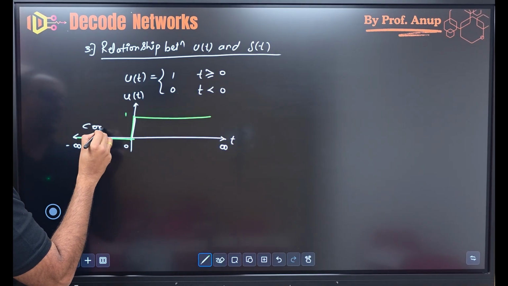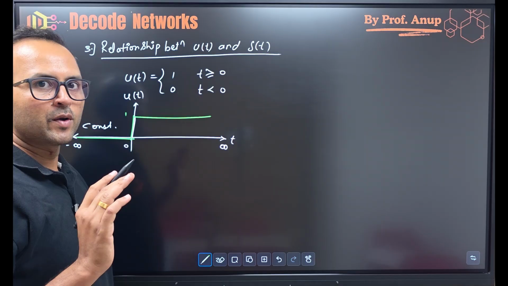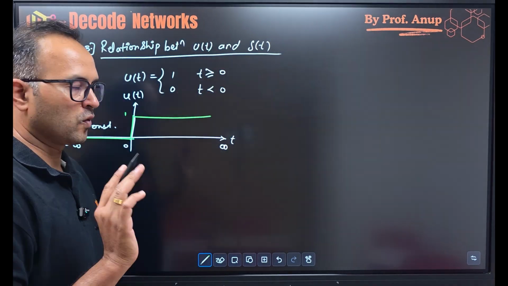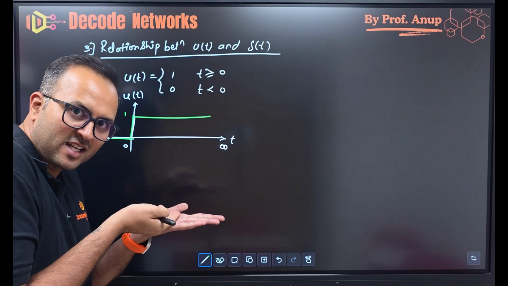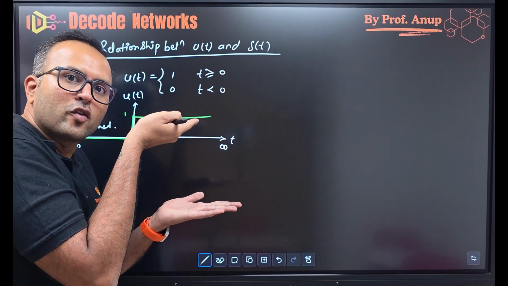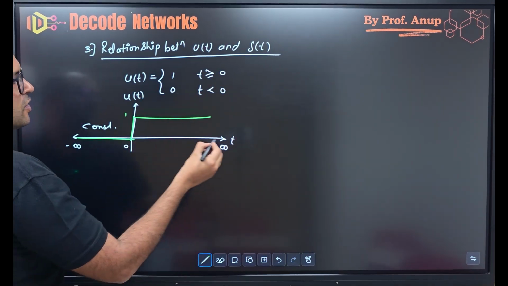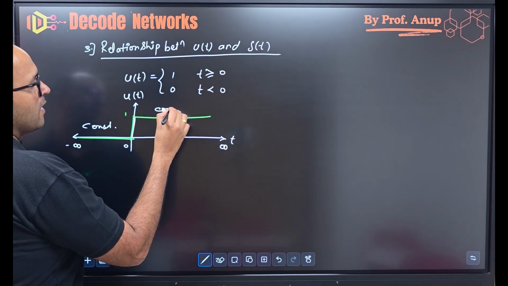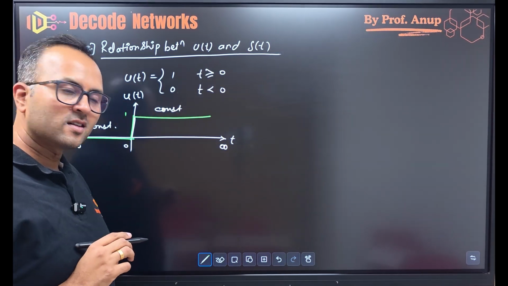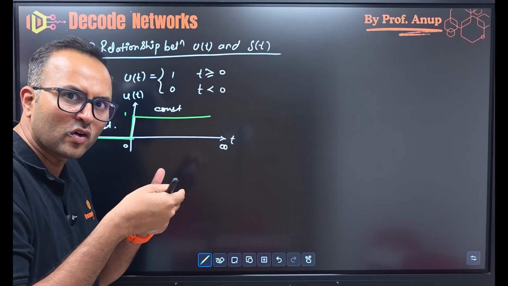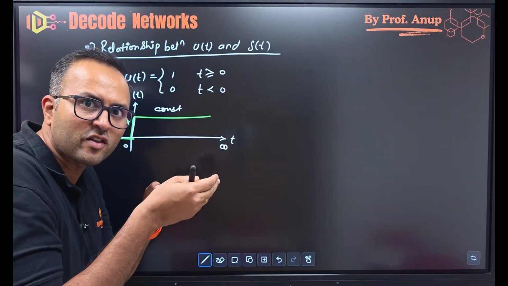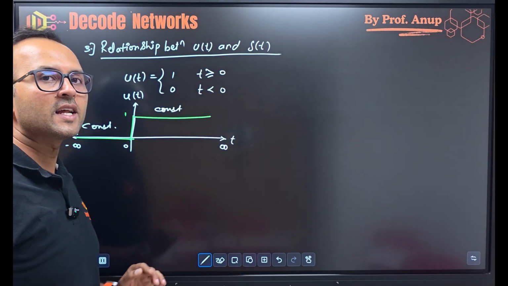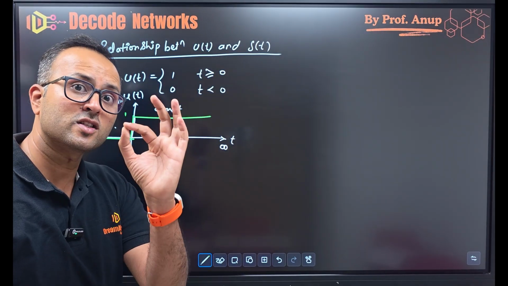So I can mention that your amplitude from minus infinity to 0 is 0. At 0 it changed and went to an amplitude of 1. After 0 to infinity, again it is constant, right? Just after 0, that can be any time, there are infinite times, but just after 0, again it is maintaining an amplitude of 1, which is constant.